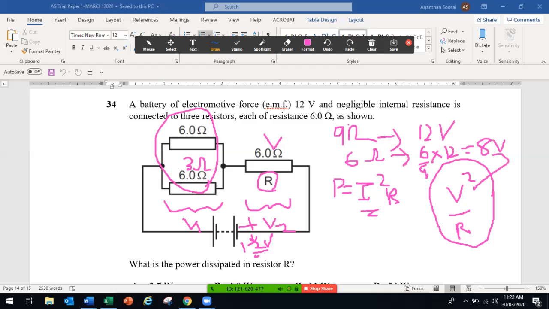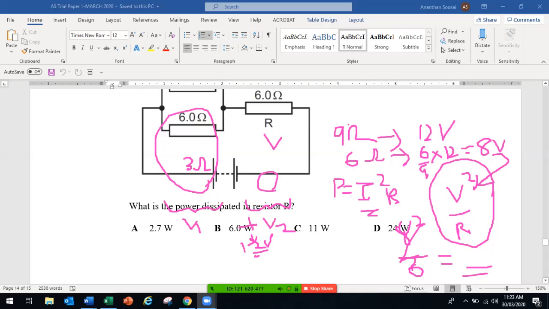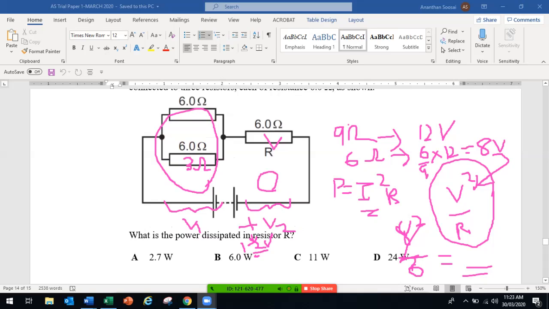So put the 8 volt here, and you get the power. 8 squared divided by 6. How much you get? 10.666, so you got 11. C is the answer.